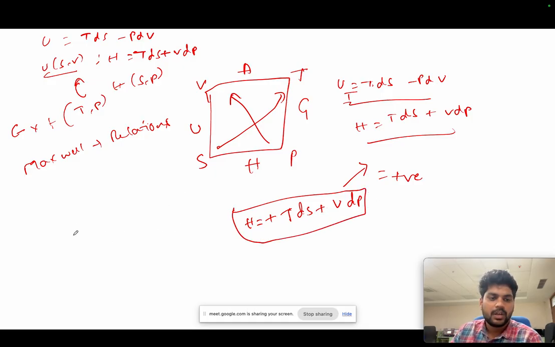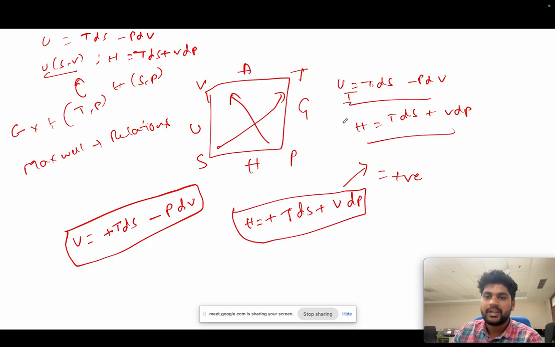Suppose I go for U. In one case the arrow is going outside from it and one is coming towards it, so one will be negative and one will be positive. The positive one is S, so here it will be TdS, because T is outside and dS is towards it, and here it is dV and P. If I take the Gibbs energy, both the arrows are towards it, so it will be negative and negative.